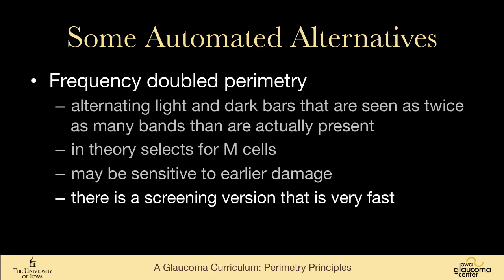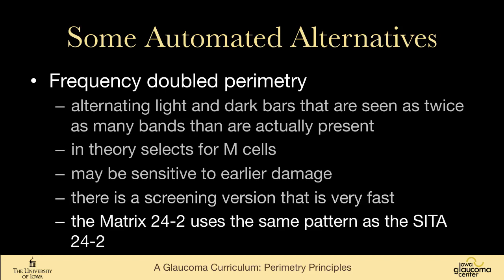There is a screening version that is very fast. It just tests a few points in each quadrant. And then there's a version called the Matrix 24-2 on the Humphrey that uses the same pattern as a SITA 24-2. But again, I'm not impressed that this has really changed the way that we do perimetry clinically very much.